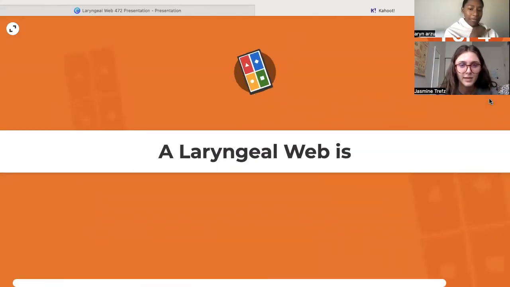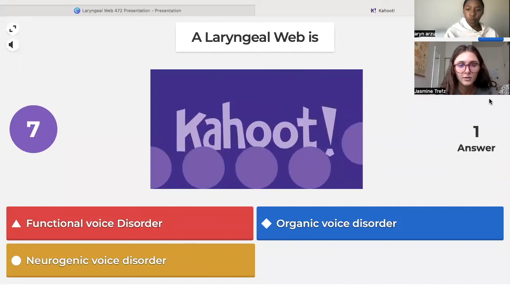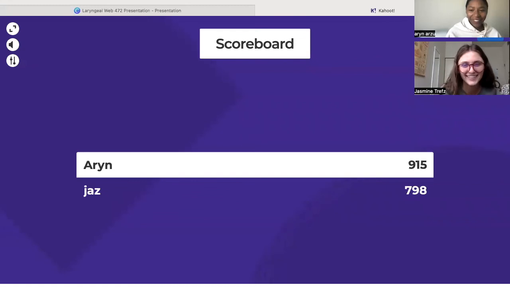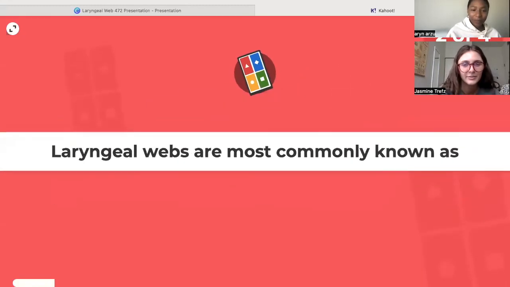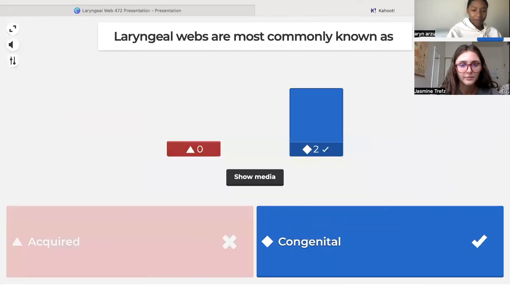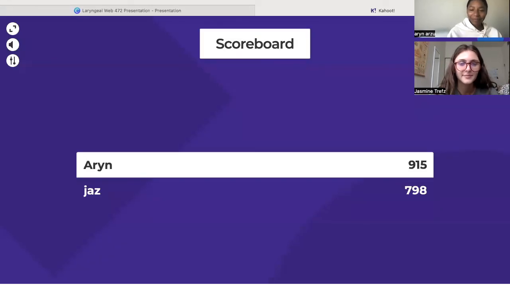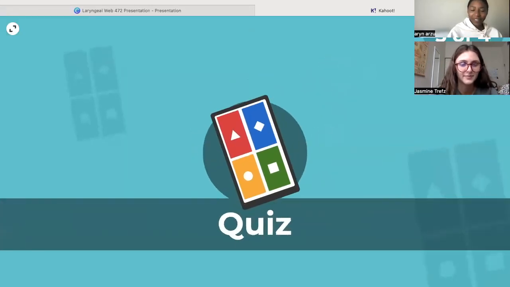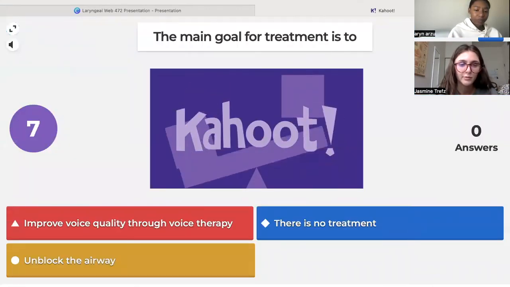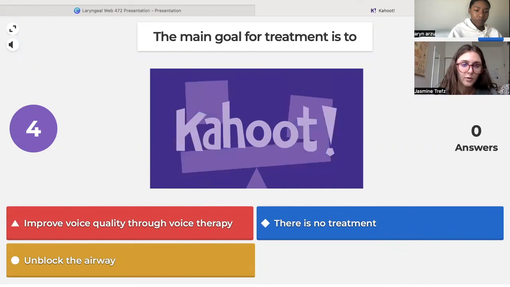Okay, a laryngeal web is a functional voice disorder, neurogenic, or organic voice disorder. It is an organic voice disorder. Good job, Erin. Good job, Jasmine. Laryngeal webs are most commonly known as acquired or congenital. They are most commonly known as congenital. The main goal for treatment is to improve voice quality through voice therapy, there is no treatment, or to unblock the airway.